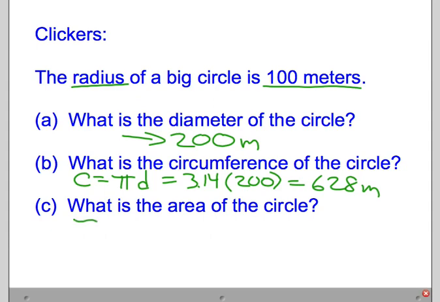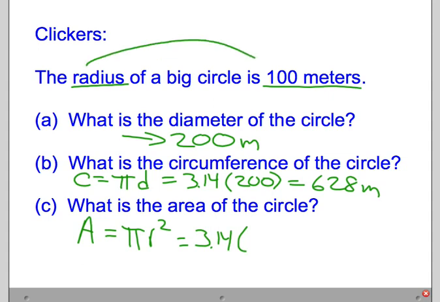Area is equal to pi r squared. So we're going to have 3.14. Go back up here to the top. Radius is 100. So we're going to square 100. Use your calculator. 3.14 times 10,000.